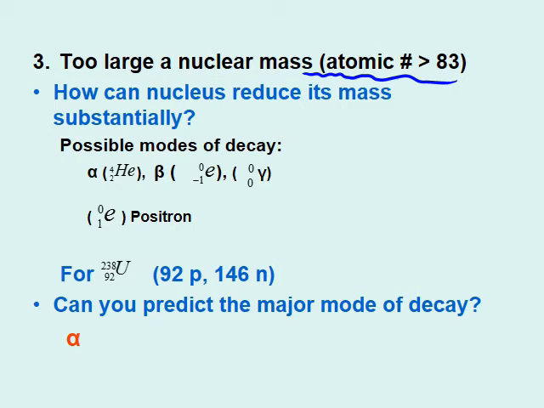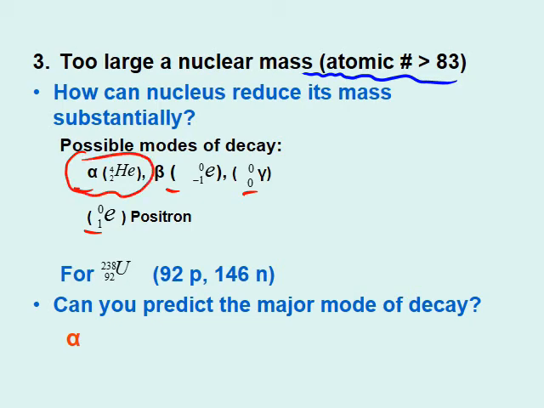Again, the natural trend is if you have too big of a mass, the mass has to be decreased as quickly as possible. So among the possible decay modes, we need to think about what particles can come out: alpha, beta, gamma, positron. Out of these particles, which one would be most massive? As you can see, alpha will be most massive, having 4 mass number.